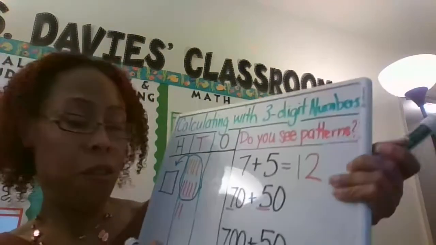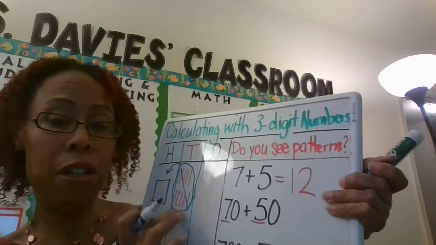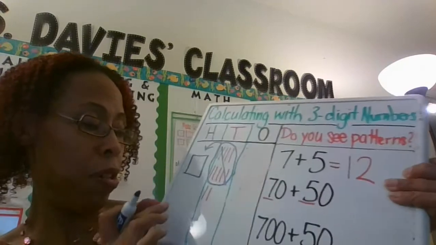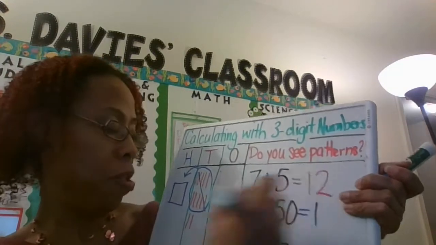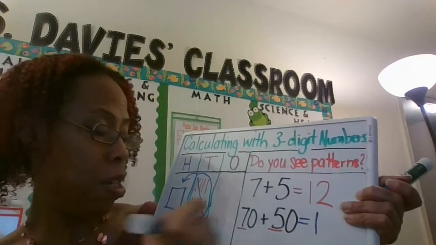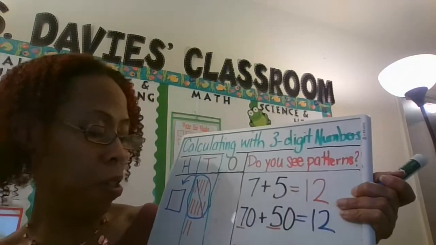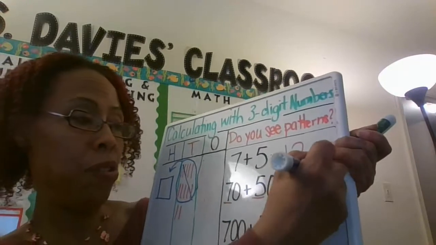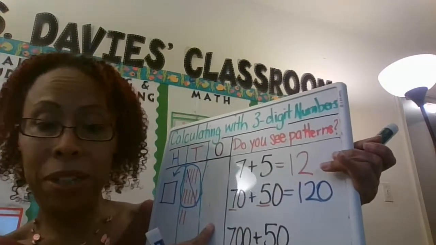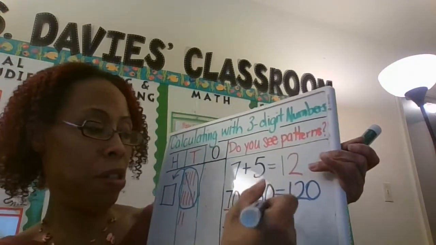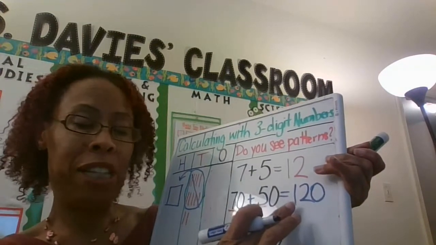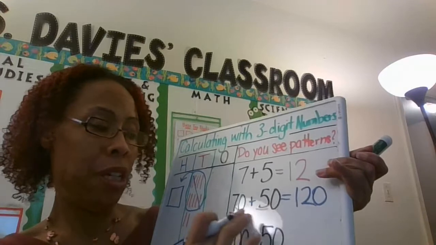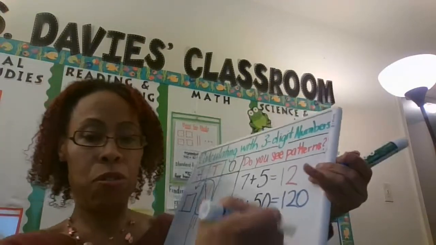Okay. All right, so the 10 tens are now 100. So let's look at our answer. We have 100, 2 tens, and 0 ones. Make sure you put that 0, that placeholder. That's extremely important. So that we read this number as 120. 70 plus 50 equals 120.